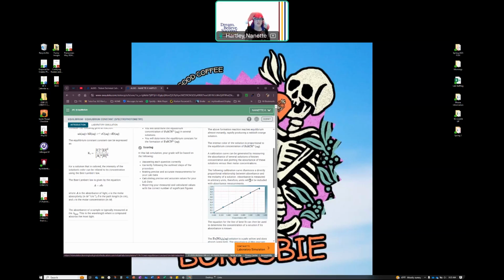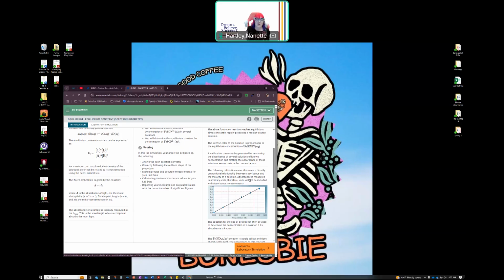Now, the only thing that's weird about this is that normally when we use our spectrophotometers, we make the measurement of this lovely colored solution with water as our background. So we have to account for any absorption of light from the water.